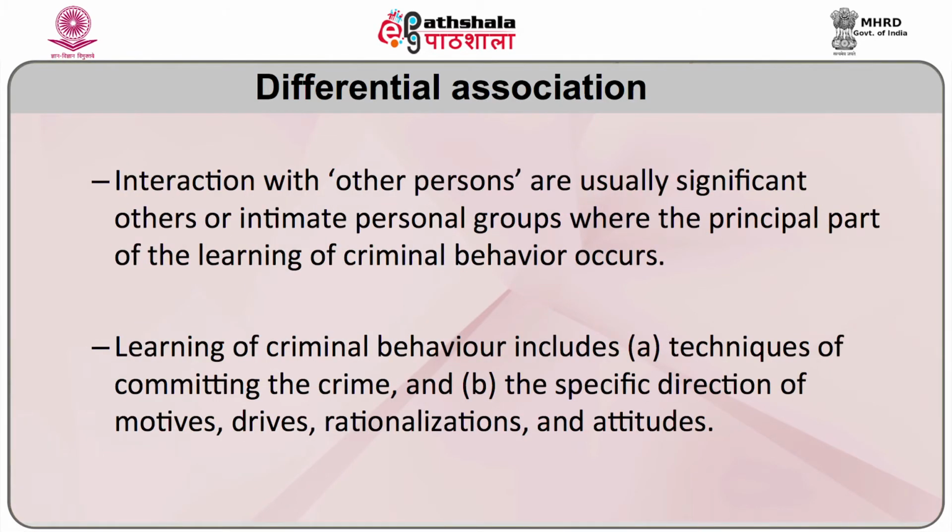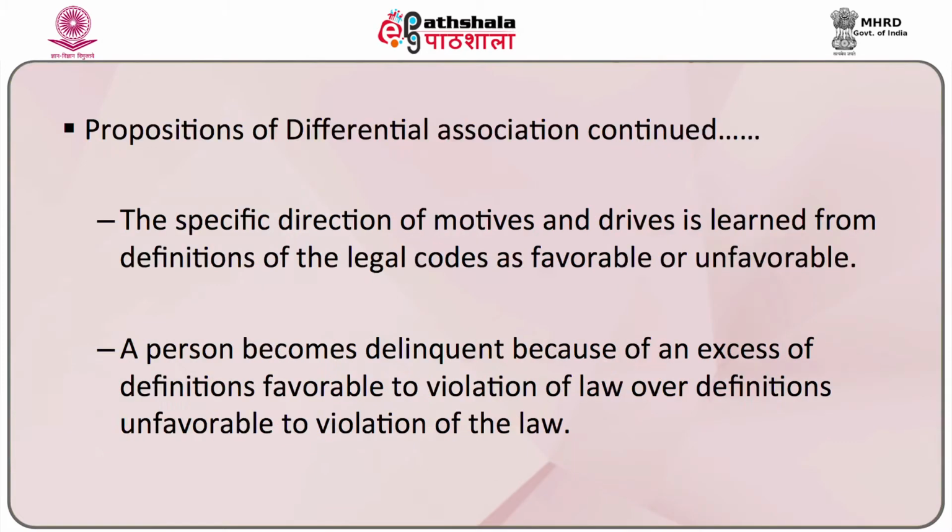3. Interaction with other persons is usually with significant others or intimate personal groups, where the principal part of the learning of criminal behavior occurs. 4. Learning of criminal behavior includes A. techniques of committing the crime, which are sometimes very complicated, sometimes very simple, and B. the specific direction of motives, drives, rationalizations and attitudes. 5.